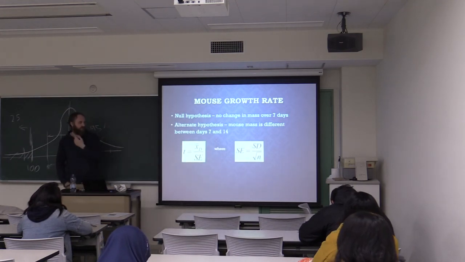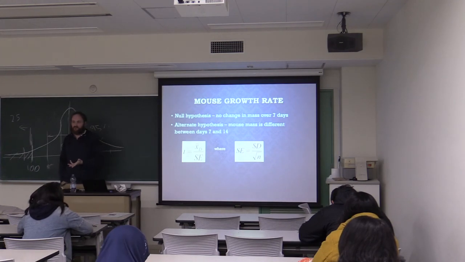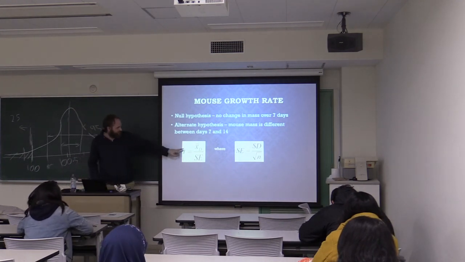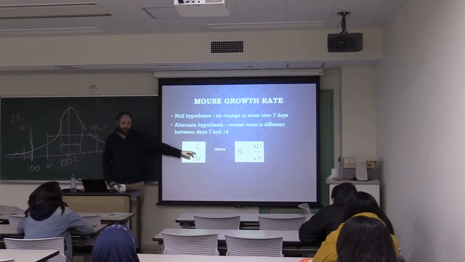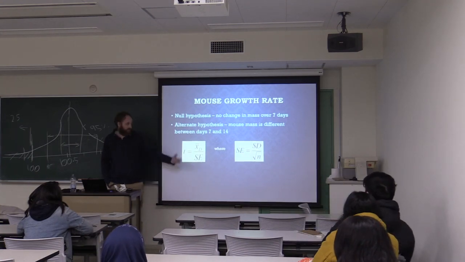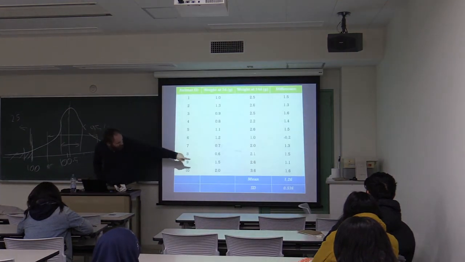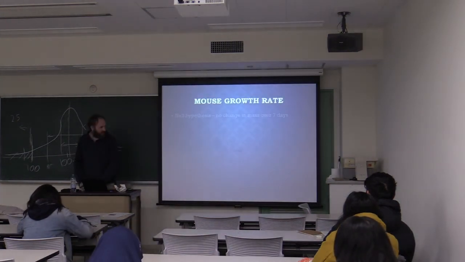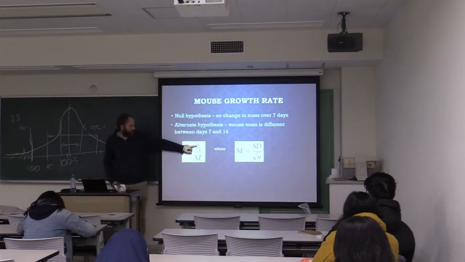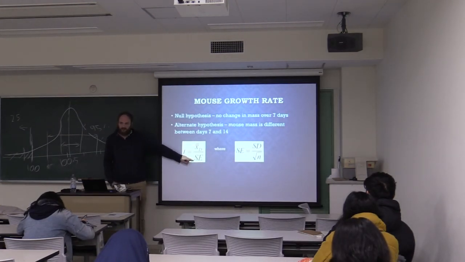So we can use basically our one sample t-test measurement here. Our mean of the difference is 1.26, x bar d, and our standard error goes on the bottom.